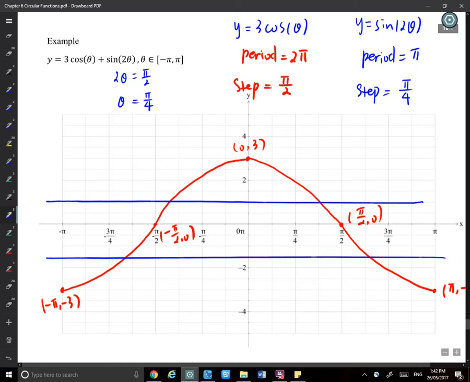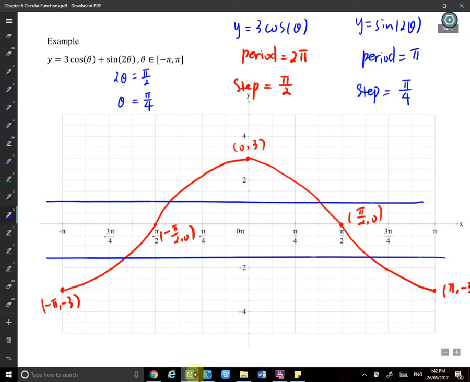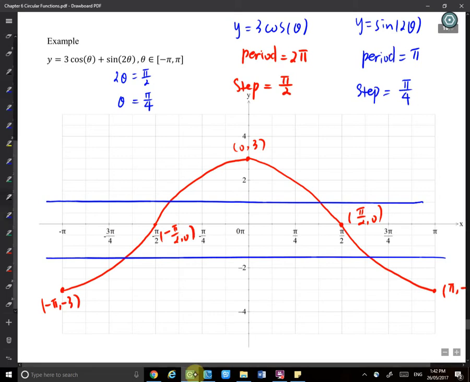Okay, it's in between this blue graph. The first step will be pi over 4. At pi over 4, I should have a maximum. Then each step takes pi over 4. From 0, it will go to 0 at pi over 2 as well. 3 pi over 4 will be here, and pi will be here.